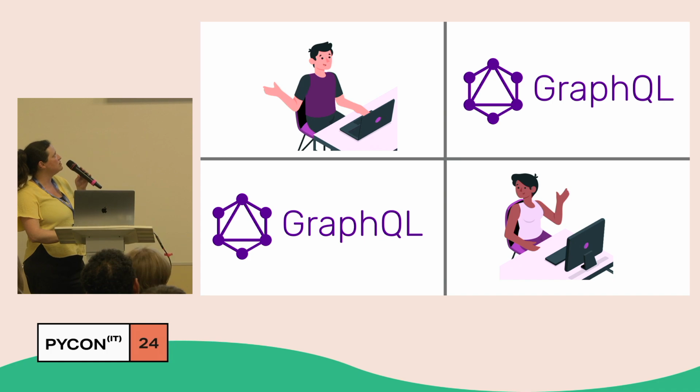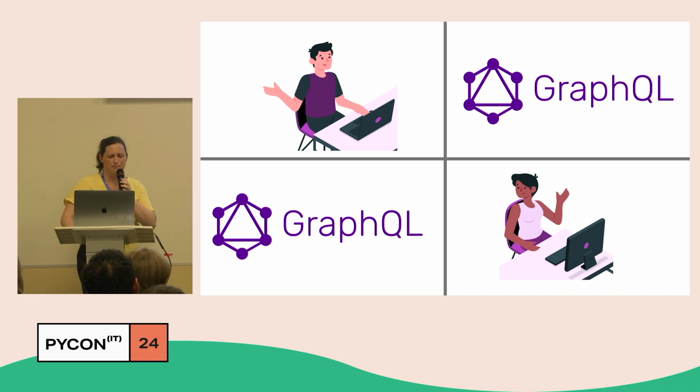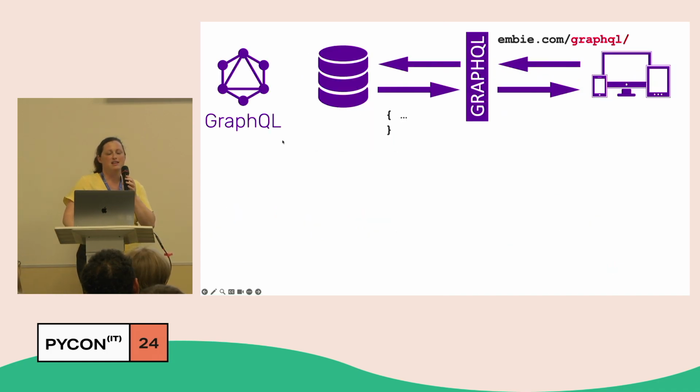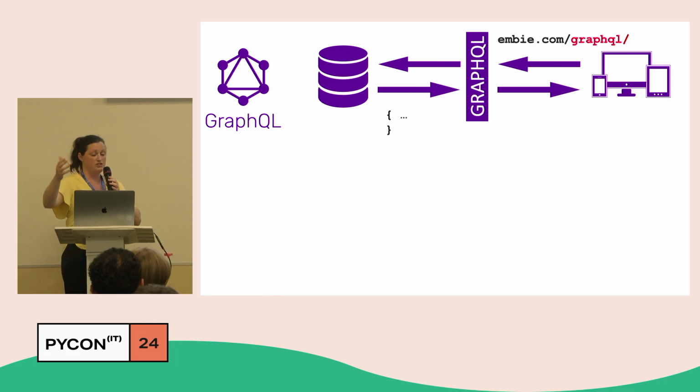GraphQL, interesting. Let's see what it means. So GraphQL is a language for querying data from the database. It has only one endpoint. Remember we said that in REST API, we had to have many endpoints for each of the data types we wanted to return to the clients. GraphQL has only one endpoint.